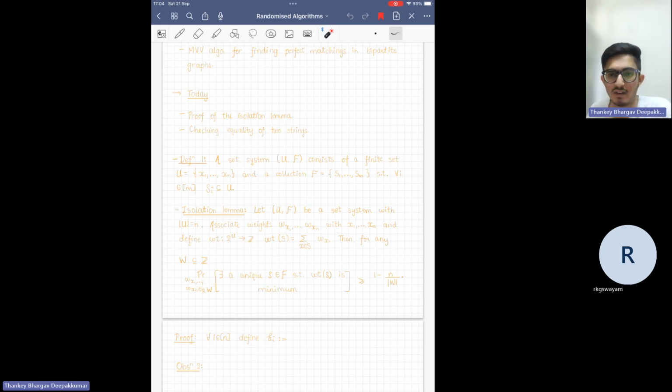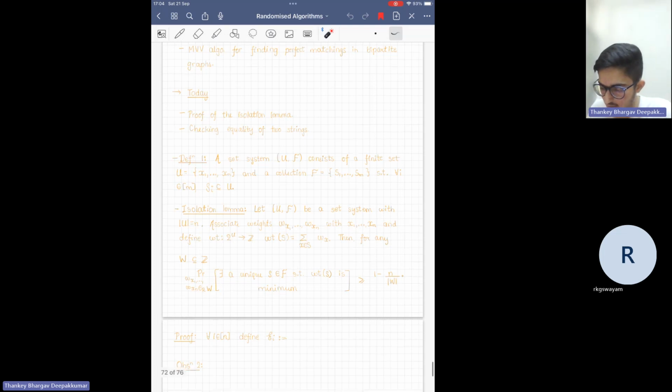So the weight function assigns a weight to every subset of U. Okay. And we define the weight function as follows. The weight of S is just the sum over all x in S of the weight of x.